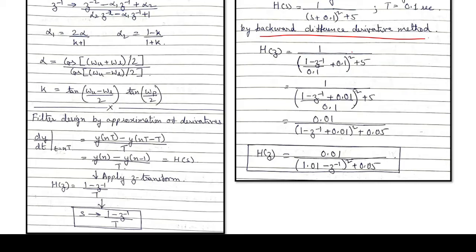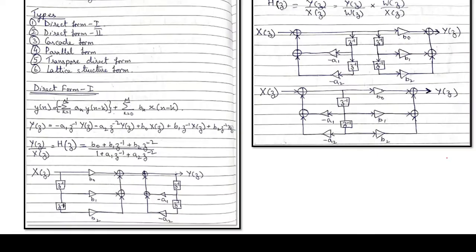This is being transformed with the equation s equals 1 minus z inverse by T. So we are converting it into the digital filter. The rest of the methods you will be knowing, right?